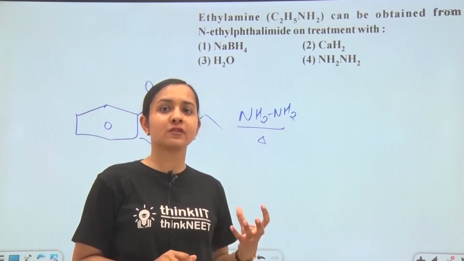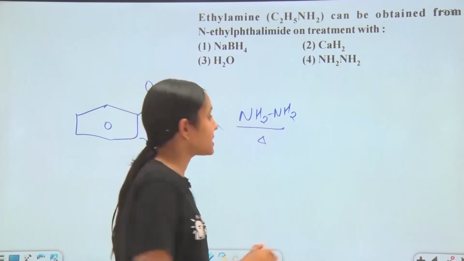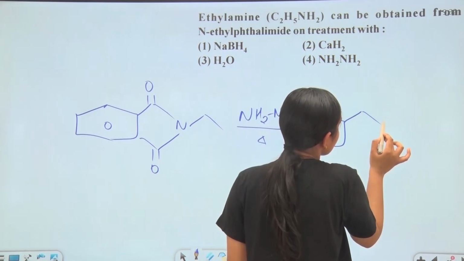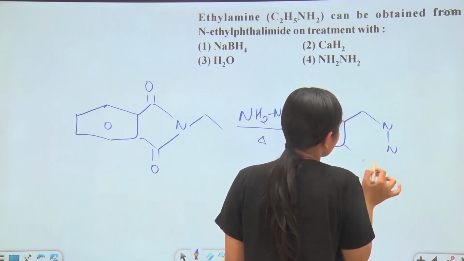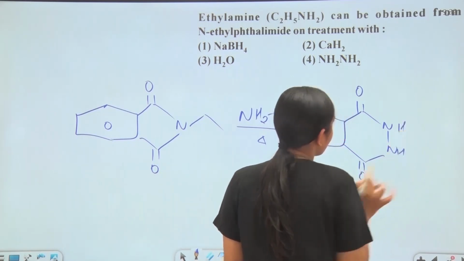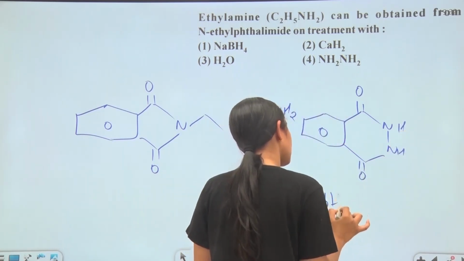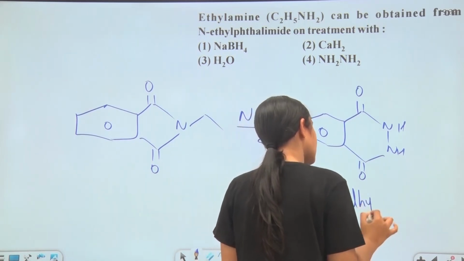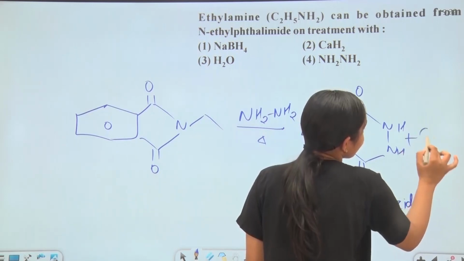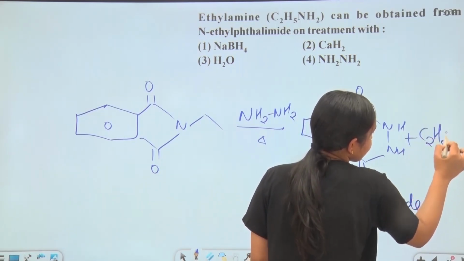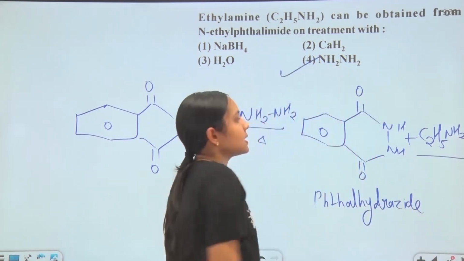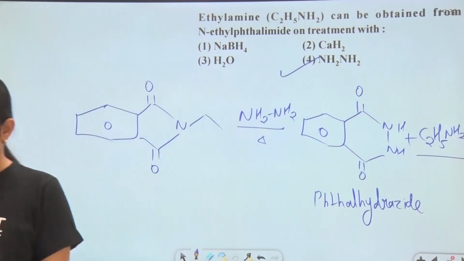Basically, formation of hydrazide will take place. So here, formation of this hydrazide will take place and we will get ethylamine as a product of this reaction sequence. So option 4 is the correct answer. Thank you.